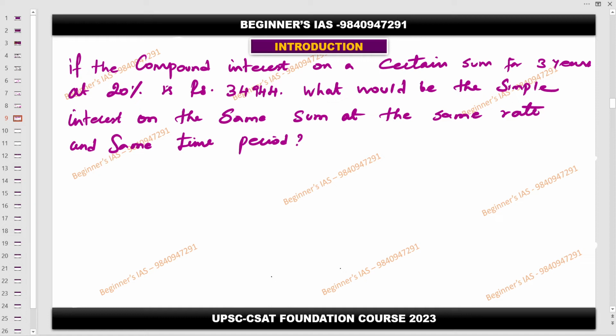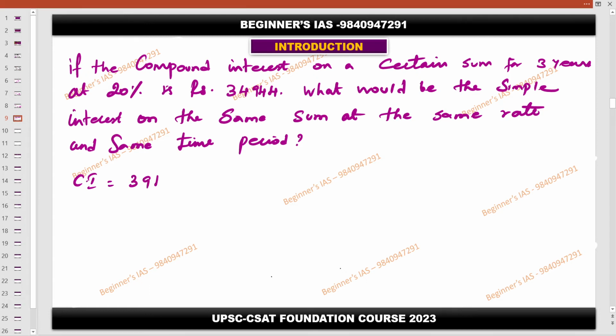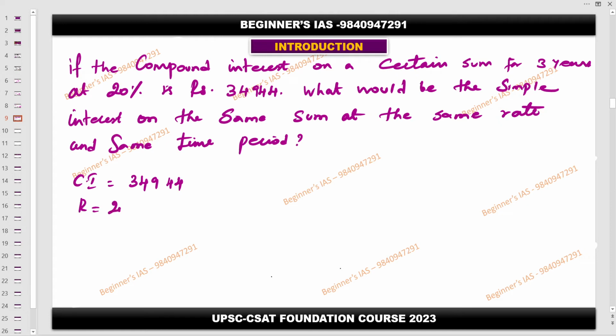Here, what is the given? If the compound interest on a certain sum has been provided, 34944. This is an important model. Then R is provided as 20%, then T is provided as 3.